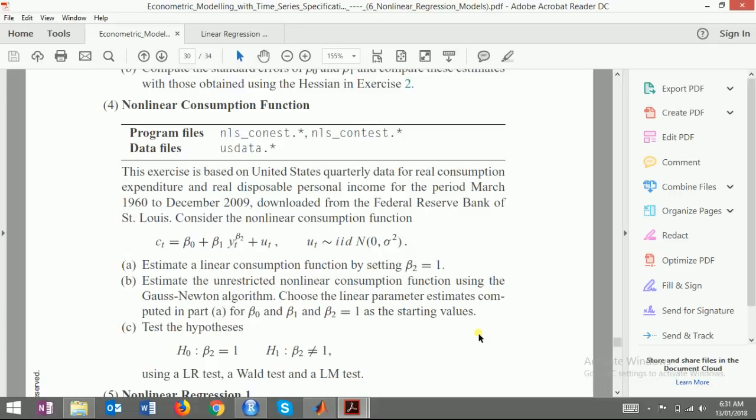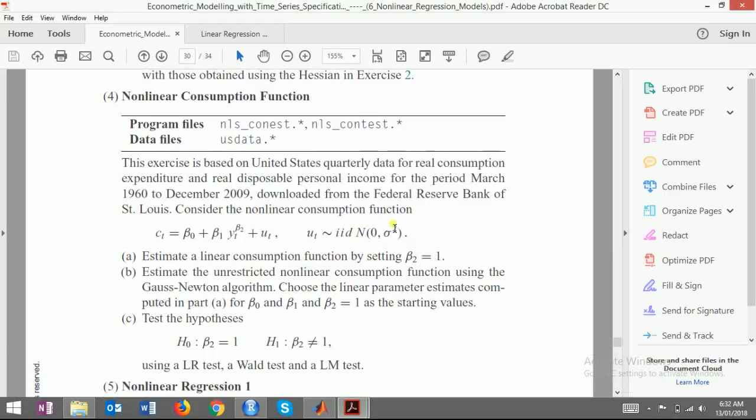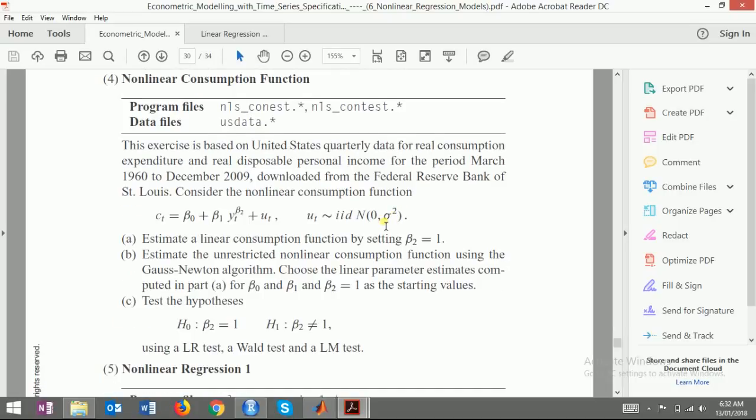Consider the nonlinear consumption function C equals beta naught plus beta 1 Y_t to the beta 2 plus u_t. Okay, this seems quite big.